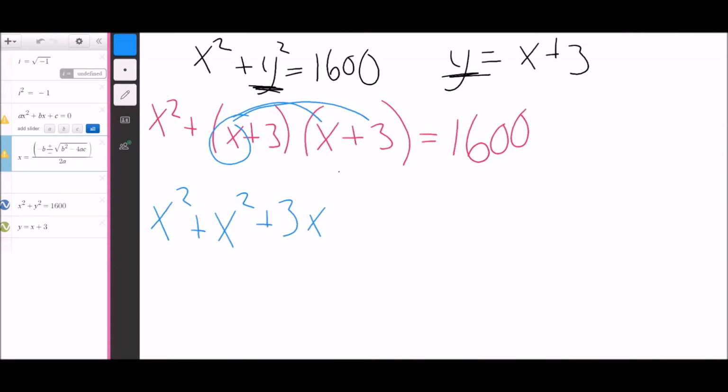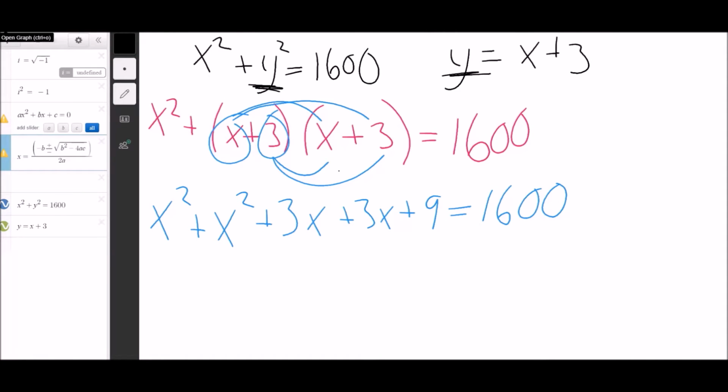Then you're going to distribute the 3. So it's going to be 3 times x, plus 3x. And then you're going to distribute it to the 3. It's going to be plus 3 times 3, which equals 9. Then it's going to equal 1600.